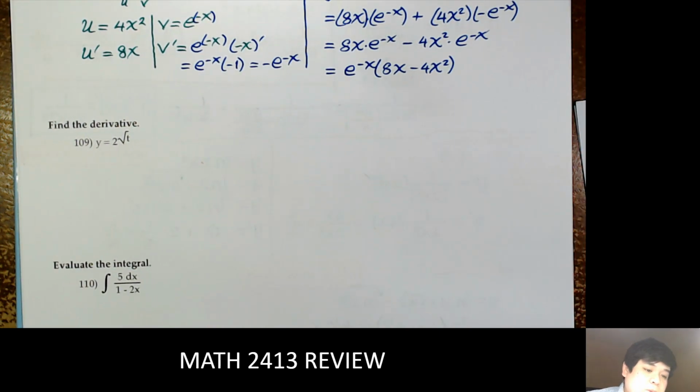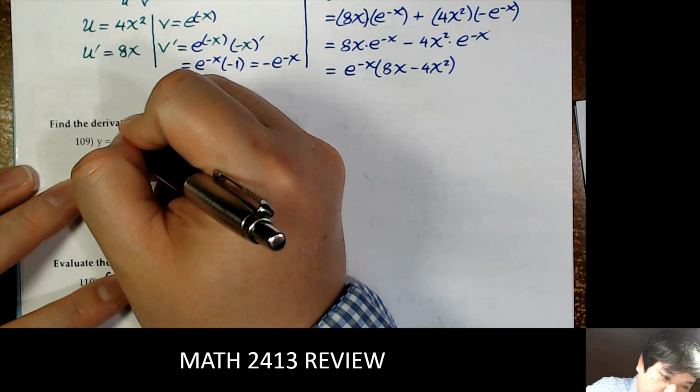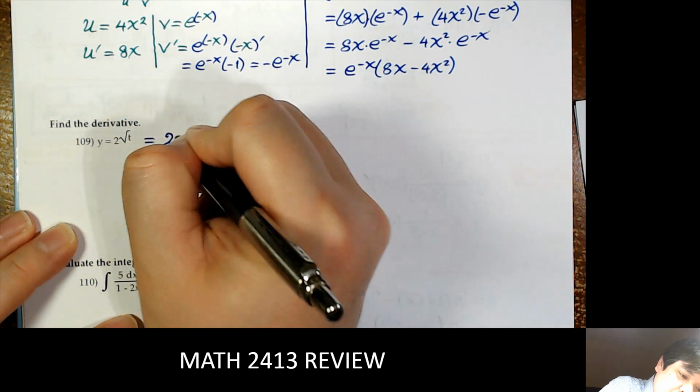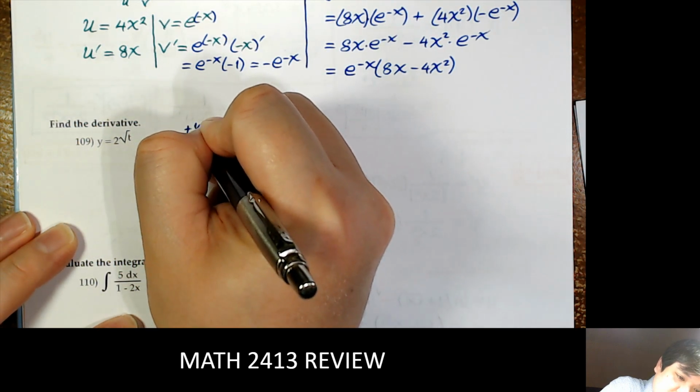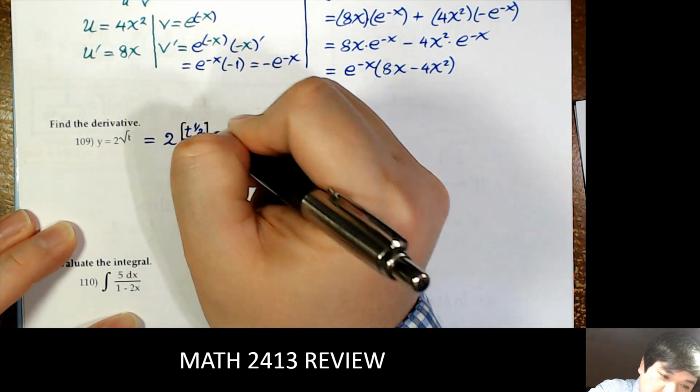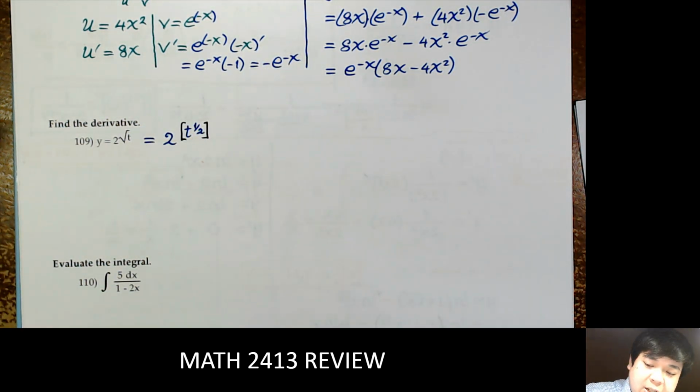Right. Next we have, find the derivative of 2 to the square root of t. So we're going to put the parentheses around. Let's just rewrite that first: 2 to the t to the 1/2, and we'll put all the exponent in terms of t, and then we'll take the derivative of that.